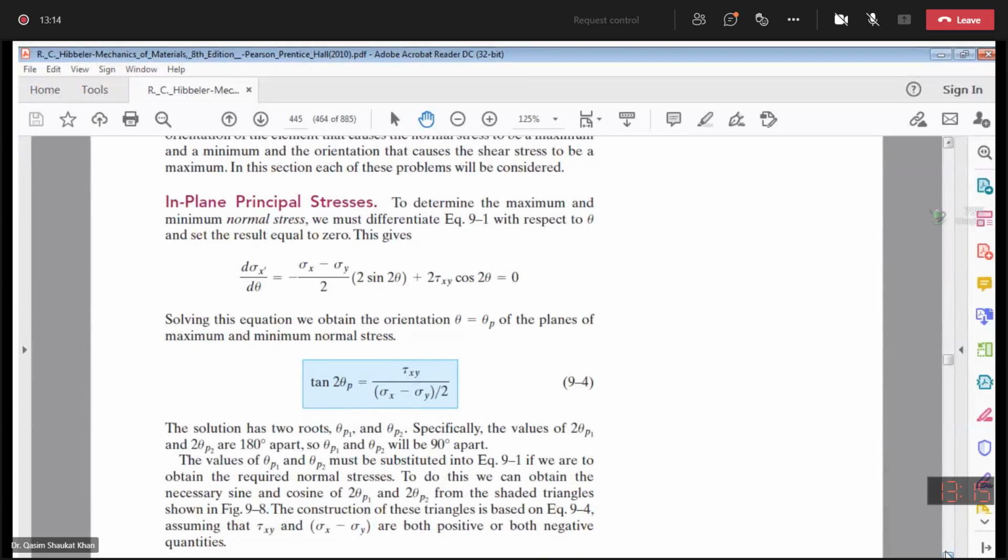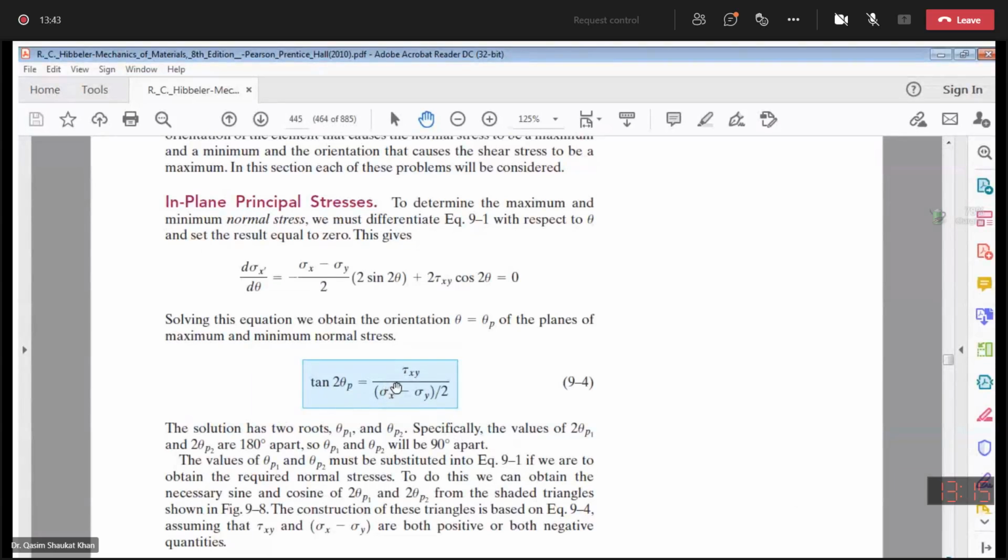As we studied last time, tan is positive in two quadrants, quadrant 1 and quadrant 3. So you can see this will give us positive results, 2 times tau xy over sigma x minus sigma y, so both the terms are positive.